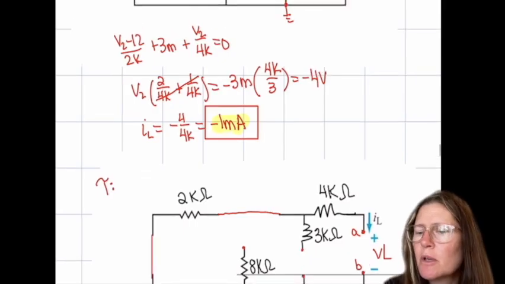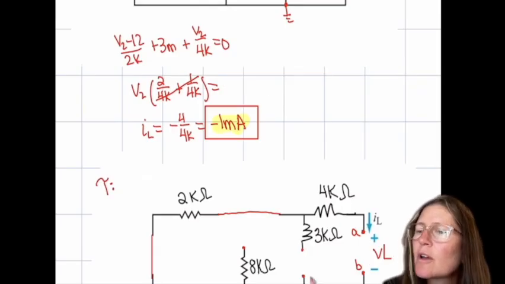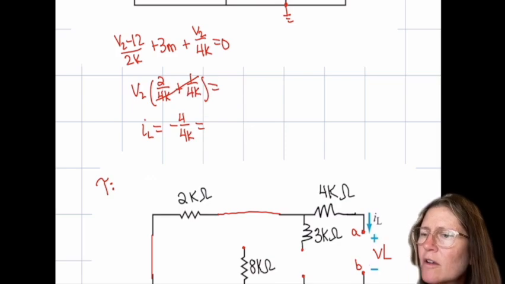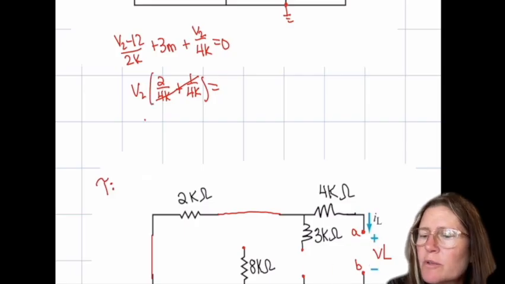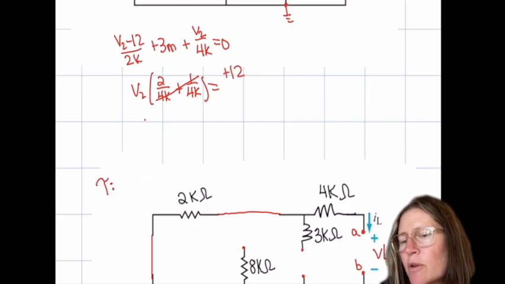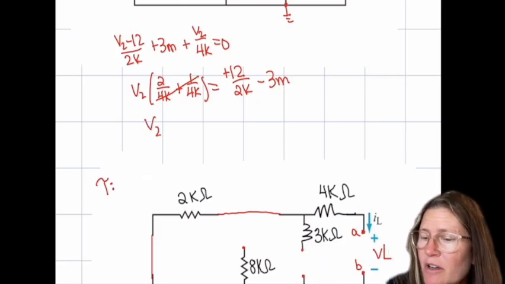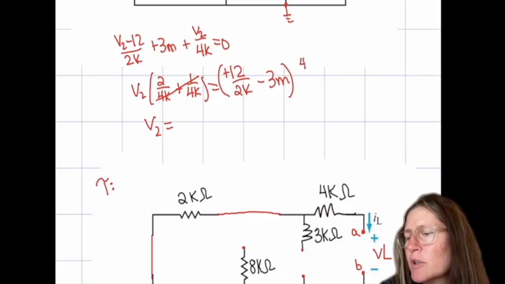Okay, sorry, I made a math mistake up here. I just realized, so redo this one. I forgot to bring over the 12, a plus 12/2k minus 3 milli. And then, okay, that one looks better. So this is multiplied by 4k over 3.